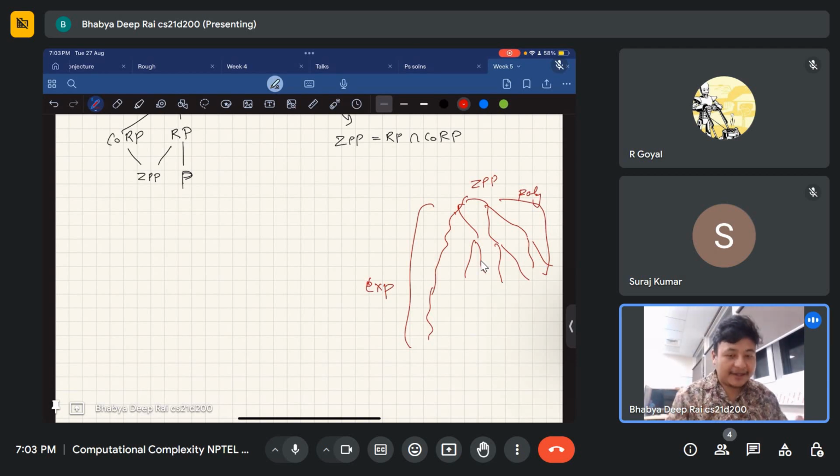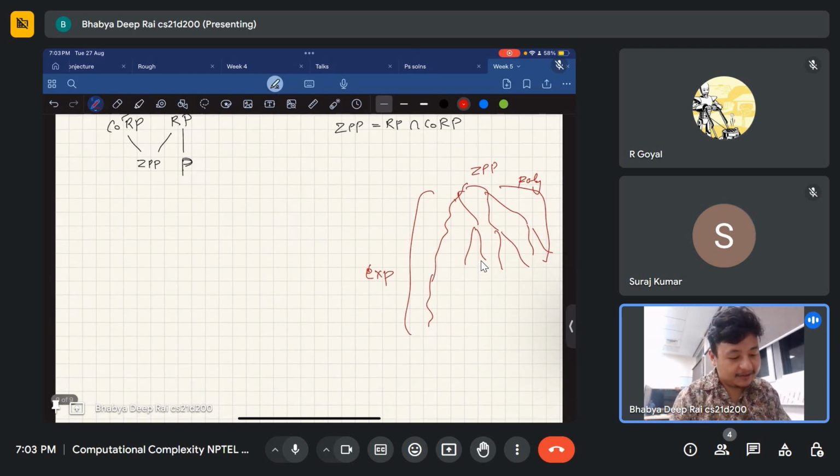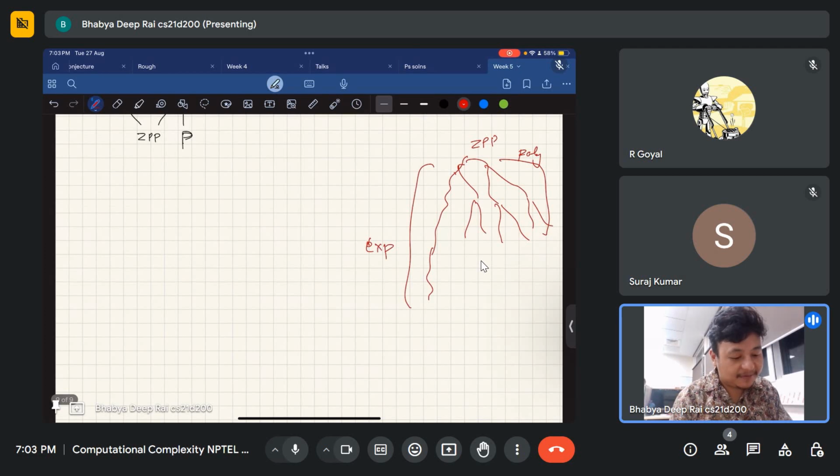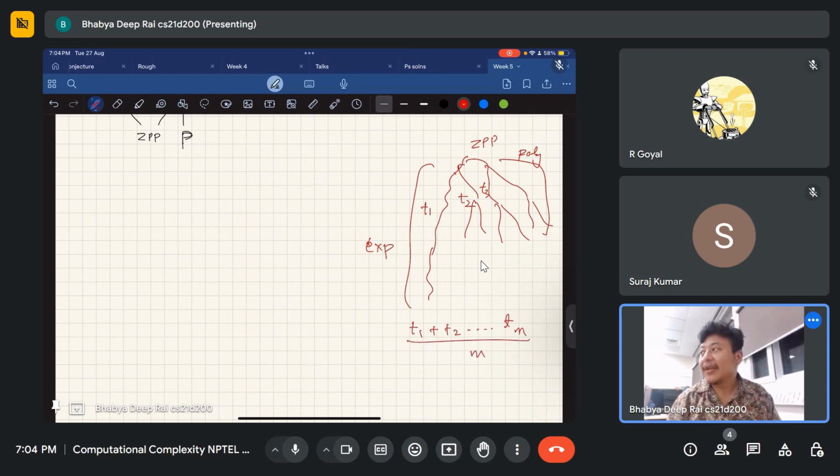If you take their average, this is the time taken by the first path, the second choice, the third choice, and so on. Let's say there are m possibilities in total. If you take their average over m, then this is polynomial.